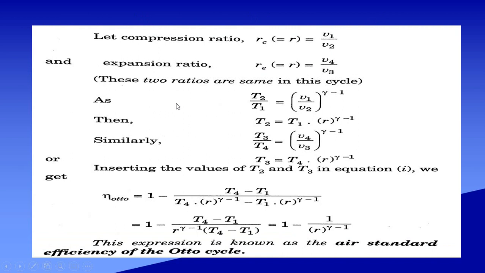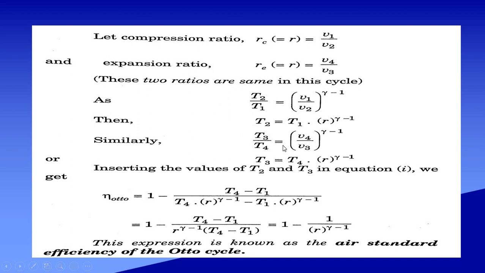So you can see the relation for 1 to 2. T2 by T1 will be equal to V1 by V2 whole power gamma minus 1. So T2 will be equal to T1 into R power gamma minus 1, where V1 by V2 is R. Then T3 by T4 is equal to V4 by V3 power gamma minus 1, that is R power gamma minus 1.